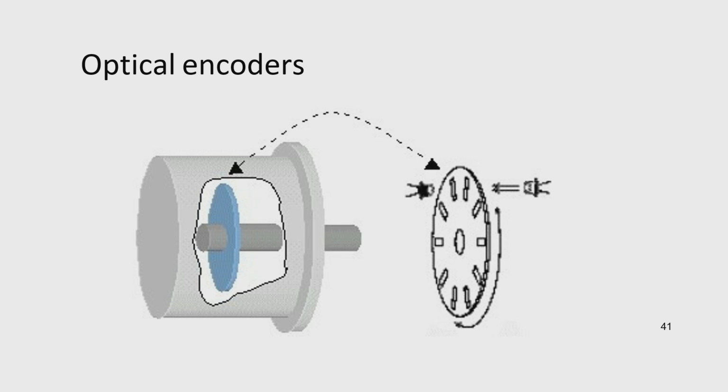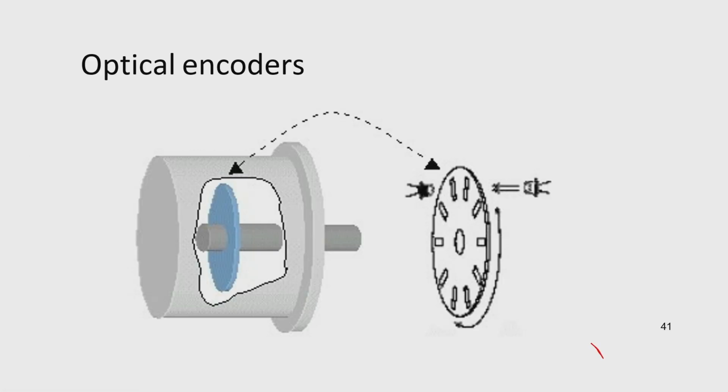Similarly, we have the optical encoder, in which suppose you have a disc and light is coming from one side, there are many slots, and from the other side the light goes through. As it is rotating, it is also telling you how much it has moved. So an optical encoder has a disc in which there are a number of holes, and one light passes through the hole and that is sensed.